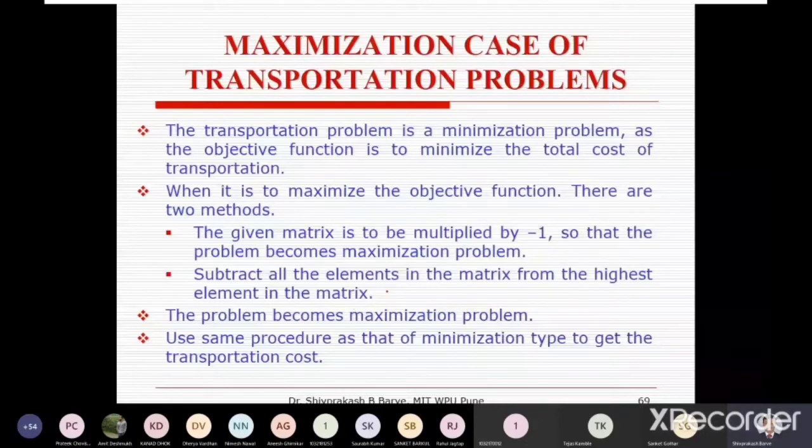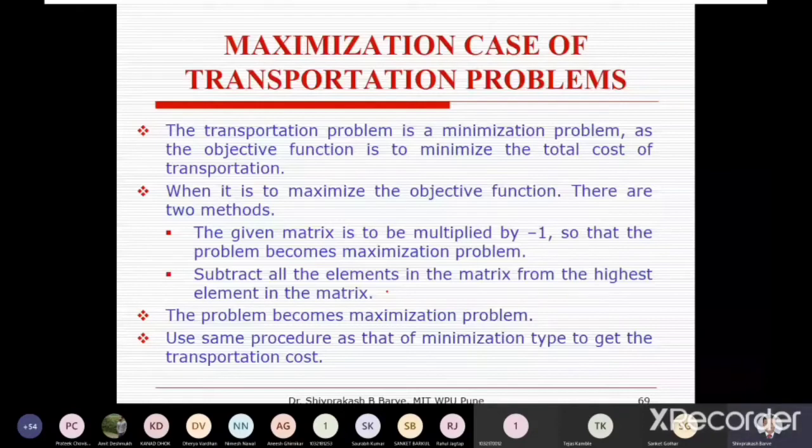The meaning of this sentence is that you find out which is the biggest value in that matrix, and from that biggest value, for each and every cell, you subtract the value of the respective cell from the highest value. Like this, you prepare the table.